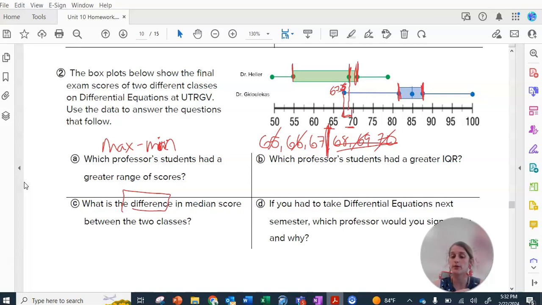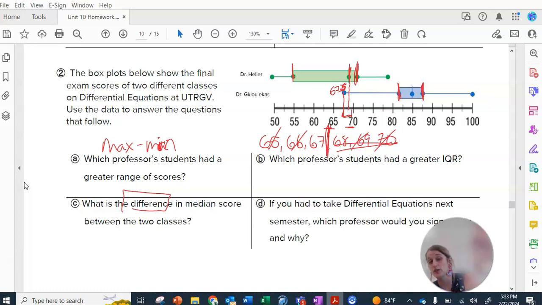In my personal choice when I was doing this, I went with talking about percentages that passed, because passing is a 70 or better. You can talk about middle 50%, medians, or range.